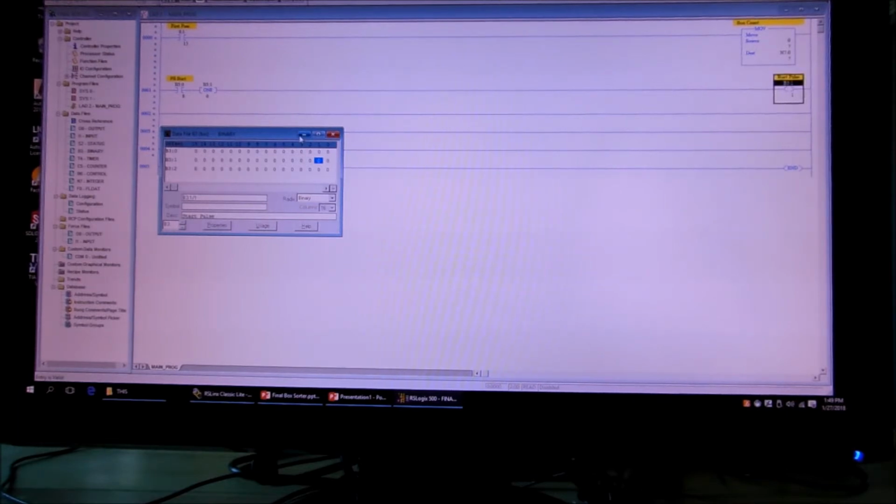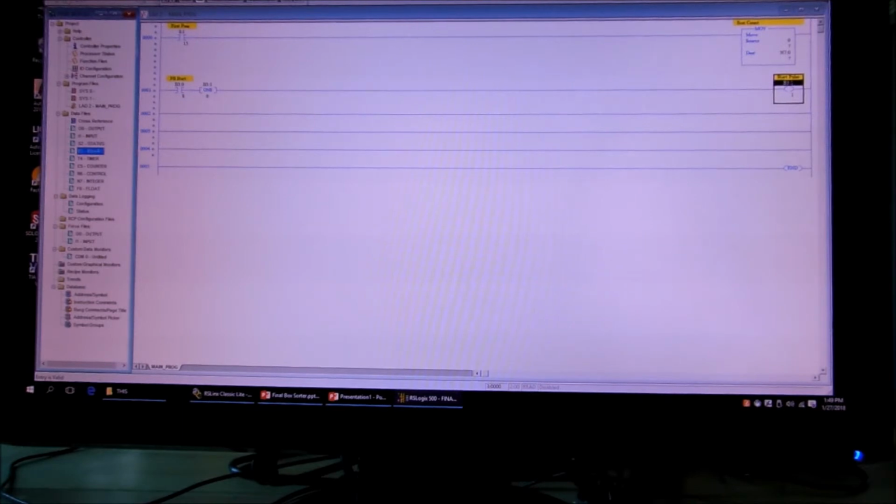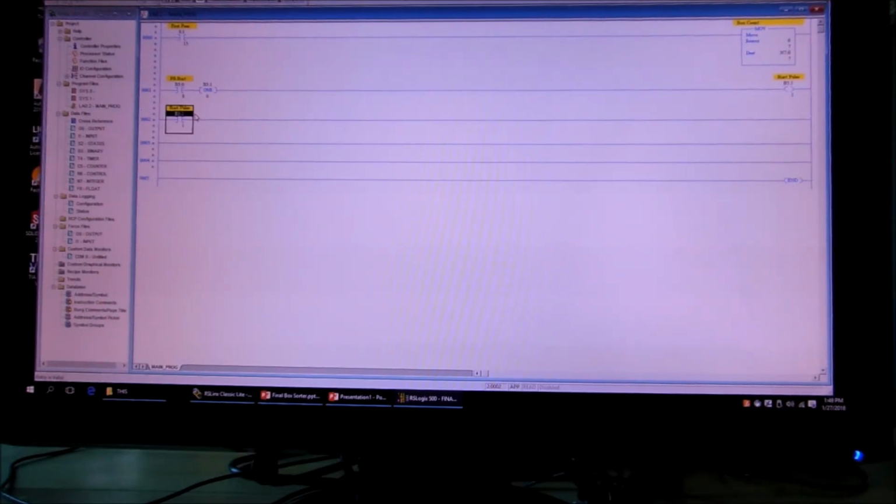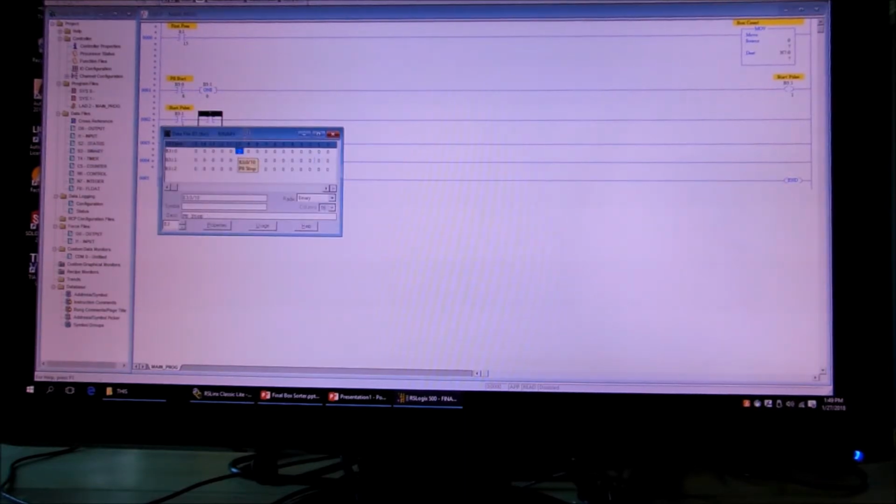That'll be our start pulse, and we'll bring that over, and then we'll put it in with the stop signal. Our stop signal is input 10, and that's our push button.